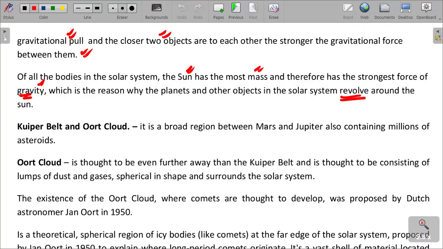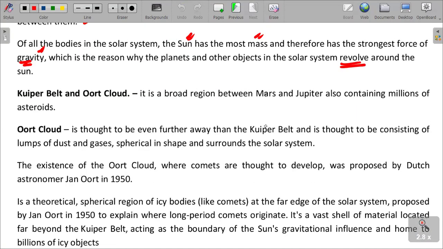So we want to look at the Kuiper belt and the Oort cloud. The Kuiper belt is a broad region containing millions of asteroids.